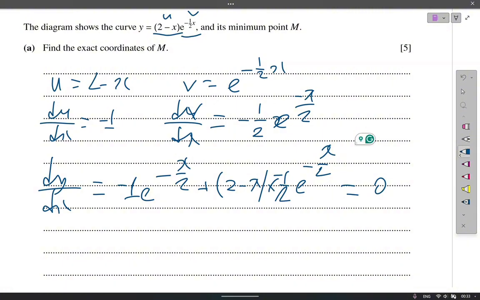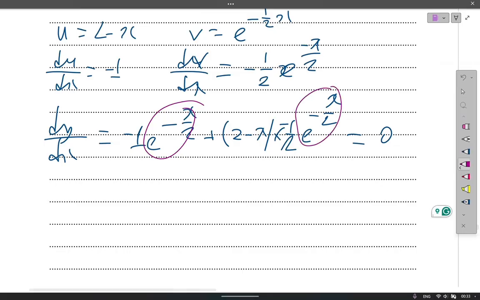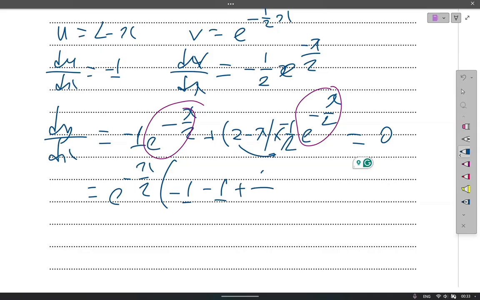Here, and we can set it to 0. And since we have this and this is similar, we can make a bracket of it. -1. And since we're multiplying it by 2, it's just -1 and another -1 and 0.